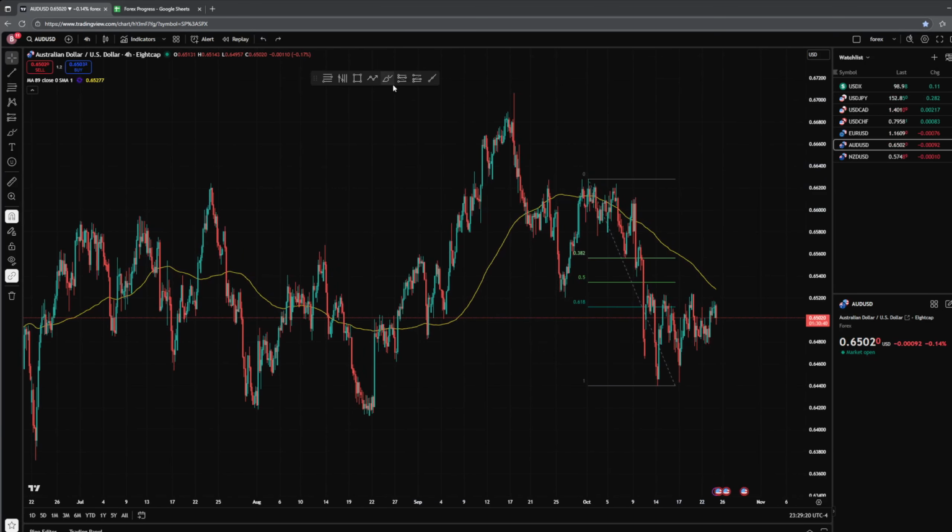Anyway, if Aussie is your favorite pair to trade, once it reaches the 50 to 60% retracement zone here, it will still be a perfect opportunity to sell Aussie. I'm just following my personal preference and choosing the New Zealand dollar USD.